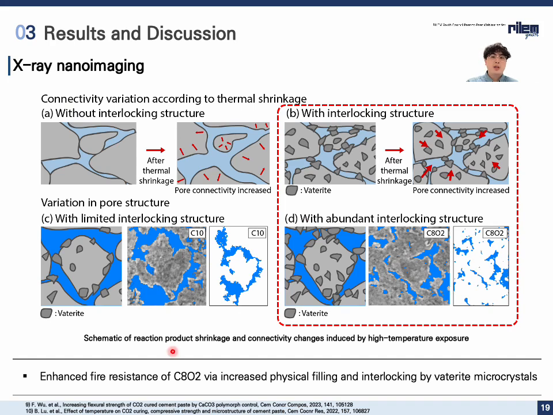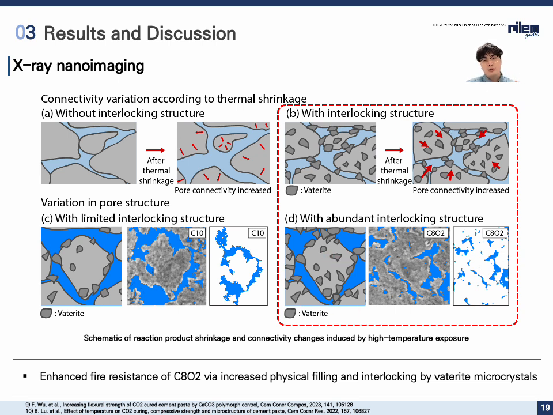So, X-ray nanoimaging revealed distinct differences in pore structure and connectivity depending on the presence of interlocking structures. The sample without interlocking, this A, showed a significant pore connectivity increase after thermal shrinkage. In contrast, the sample with abundant interlocking by vaterite microcrystals, B and D, exhibits restricted shrinkage and improved thermal stability.